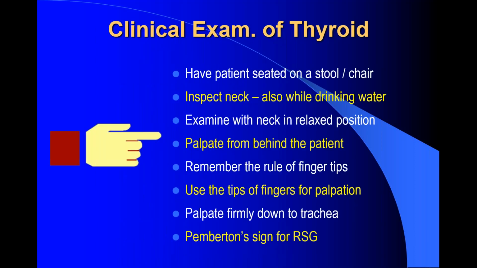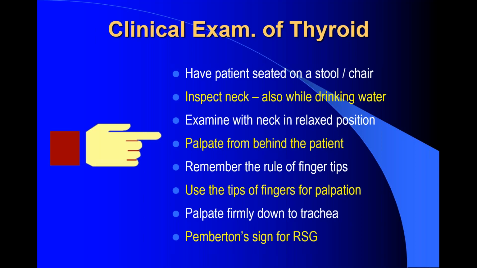So to be specific, coming on to clinical examination of the thyroid, how to examine the thyroid: you need to ideally have the patient seated on a stool or chair, and then you have to inspect the neck for any obvious swelling or any other abnormality. You also have to inspect while the patient drinks water. Then examine the patient in a relaxed position, head slightly flexed and relaxed, and then you have to palpate from behind.